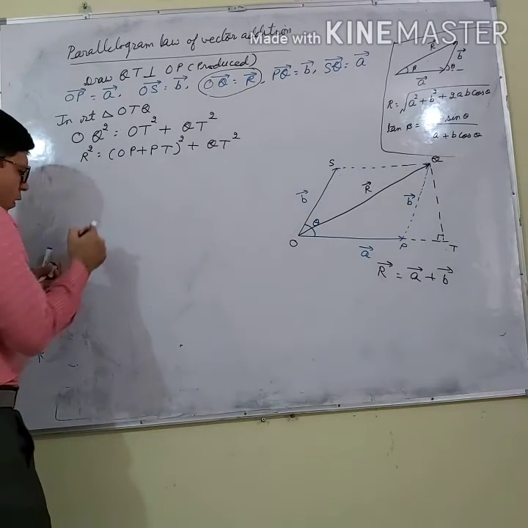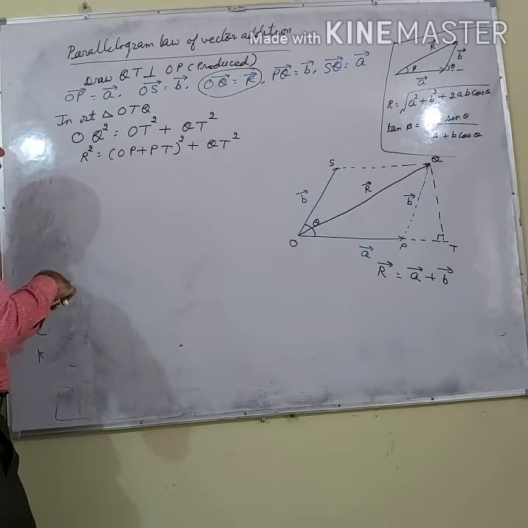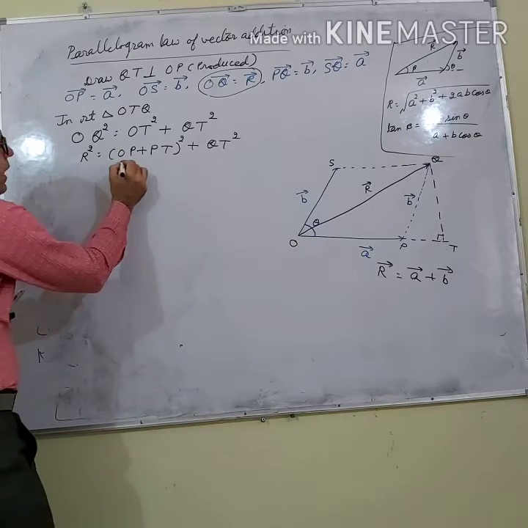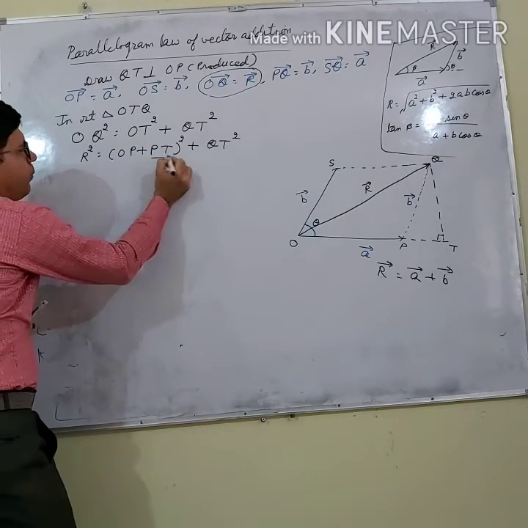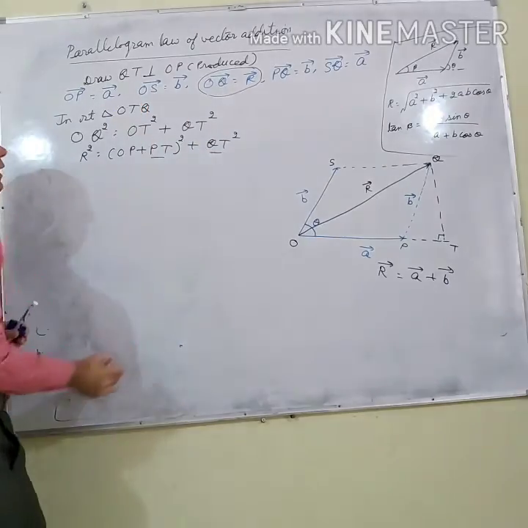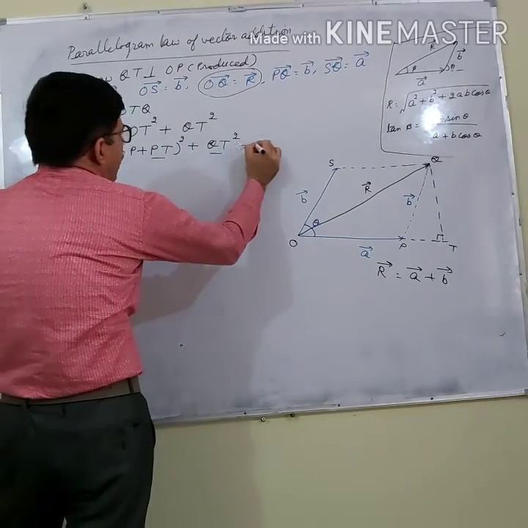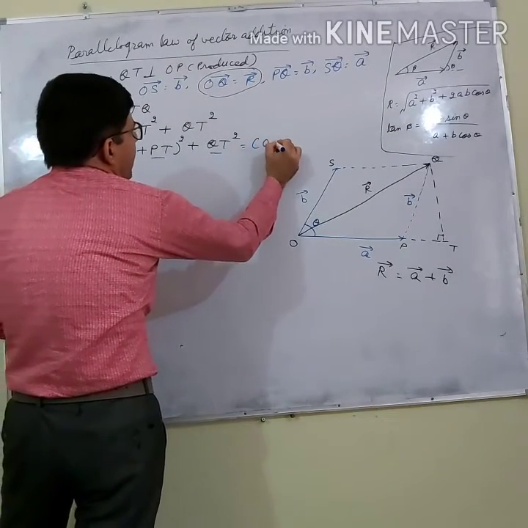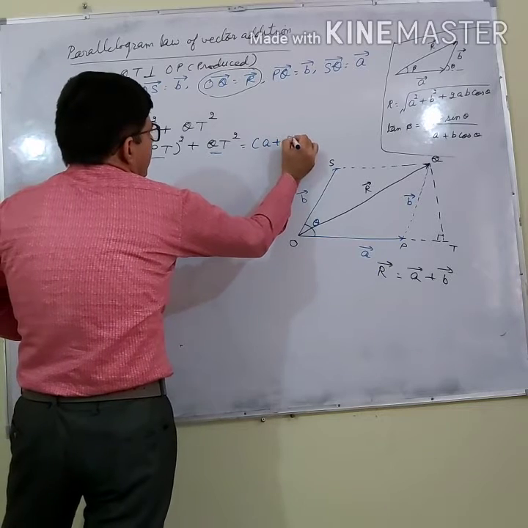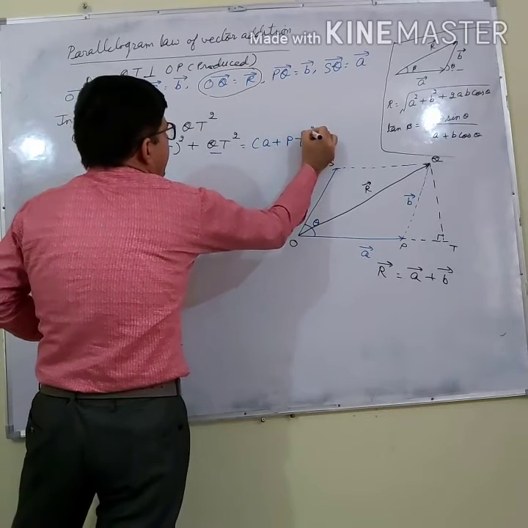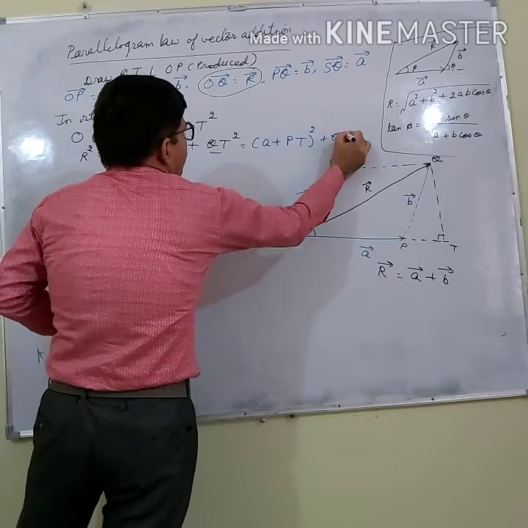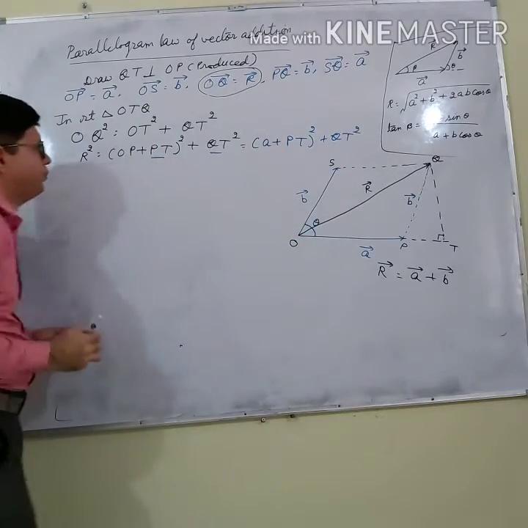The value of OP I have, it equals A. I have to calculate PT and QT. So let me write it as (A plus PT) squared plus QT squared.